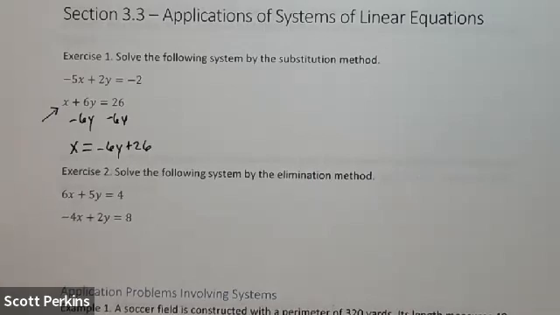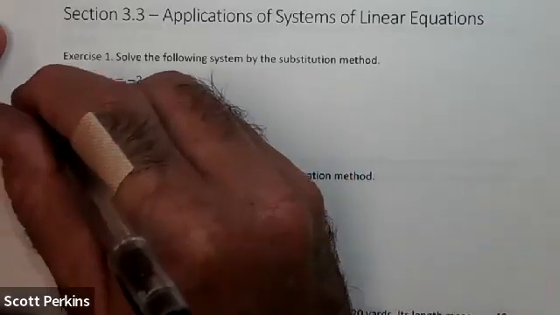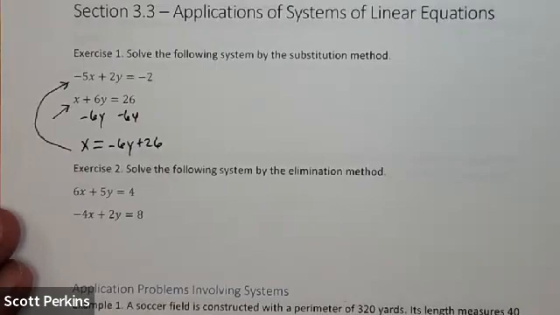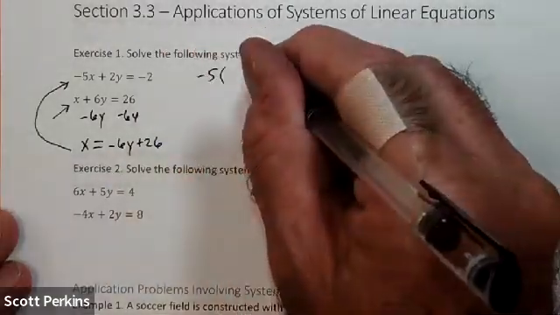We doing all right? Now, the essence of the substitution method is once you've identified that and you've solved, you take this x value and you plug it into the other equation. So I'm going to plug it in to the x in the equation that's on top. Here we go. I'm going to take that top equation, negative 5x. I'm going to write negative 5 in some parentheses.